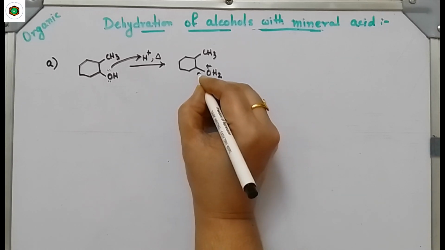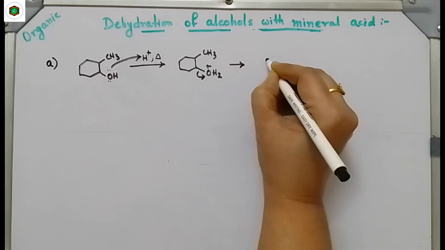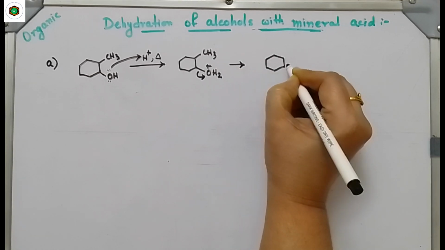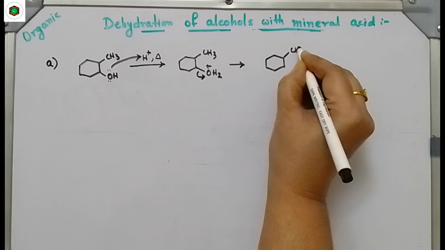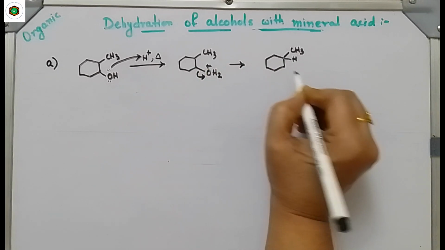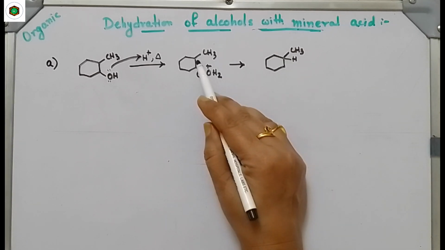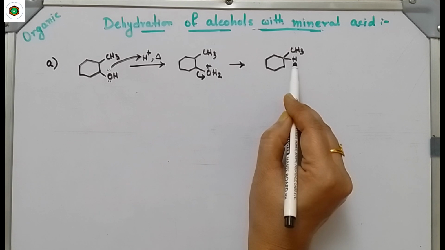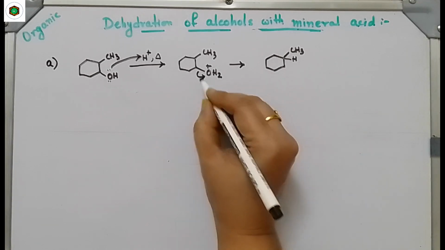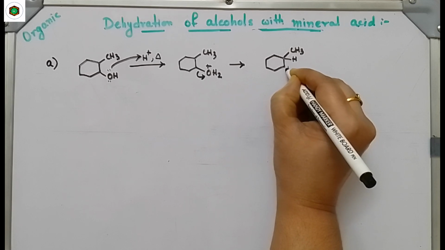Now removal of water will take place. Here another hydrogen is there. To satisfy the fourth valency of this carbon, you have to write here one hydrogen. Now by removal of water, you will get here carbocation.